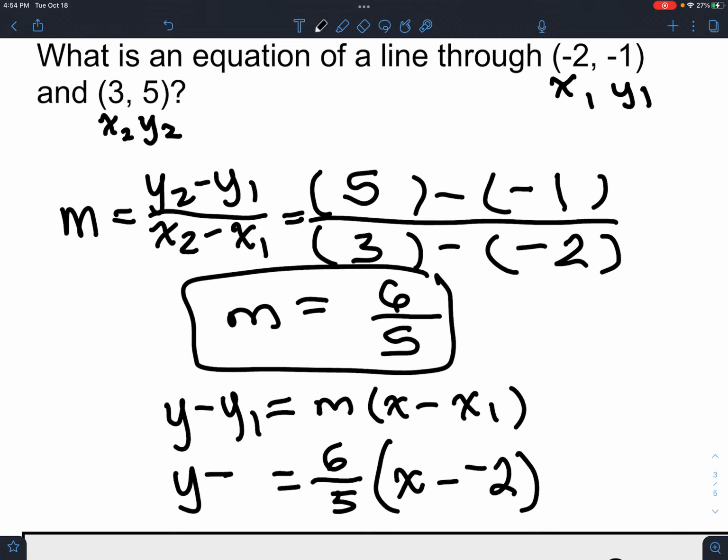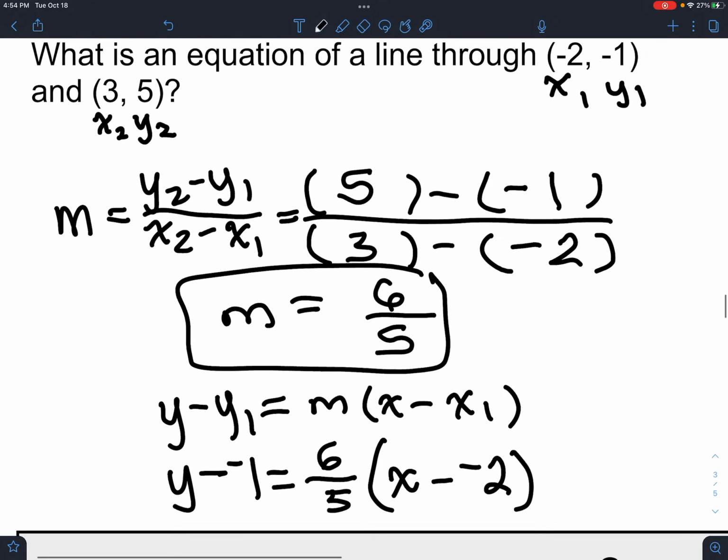So for us, x1 was minus 2 and y1 was minus 1. Okay? And if you used the other point, it would look different, but it would end up being the same thing. Okay.